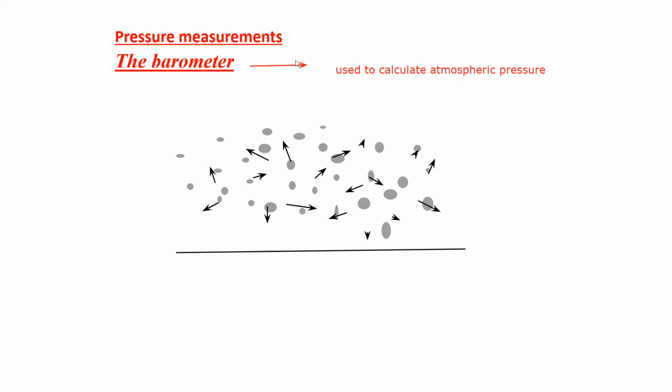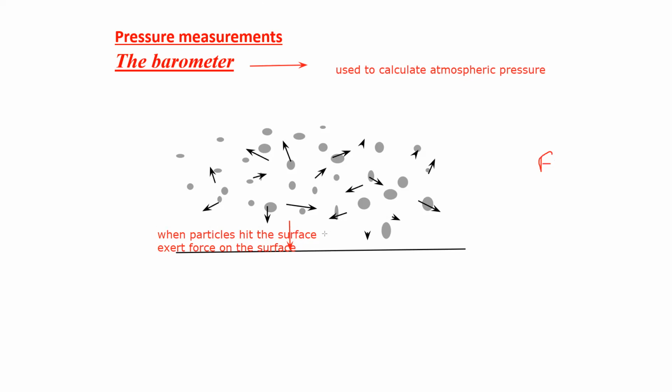They are not moving in a specific direction, they all are moving randomly. So due to this random motion, when these particles hit the surface, they will exert force on the surface.